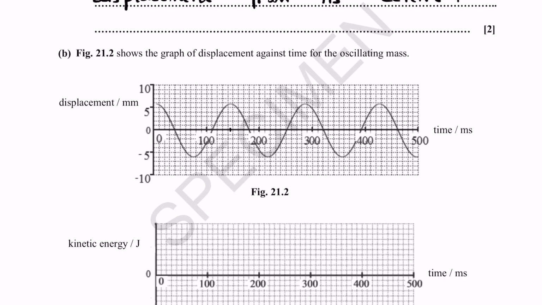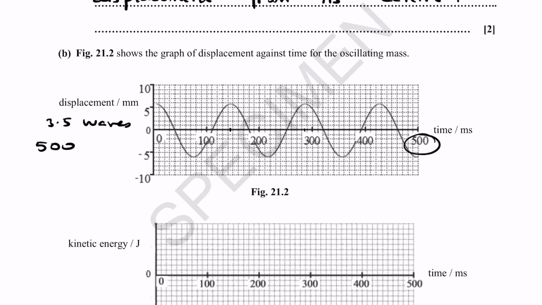It is here, which is 145-ish, and then 145. Okay, so let me just work out the overall. So we've got 1 complete wave here, 2 complete waves here, 3 complete waves here, and then another half. So 3.5 waves, and the overall time is 500 milliseconds.